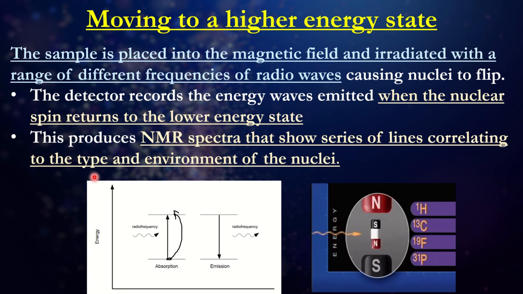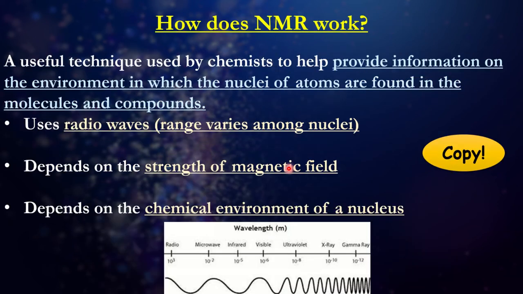So it could be, in this case, hydrogen or carbon, and it could specify the type of environment the nuclei is in. Okay, so that's what we have. We're trying to use radio waves to work out the various types of nuclei involved. As you can see, radio waves have a big range of frequencies, so that's why we're able to do that.